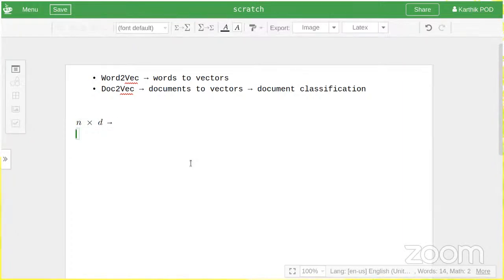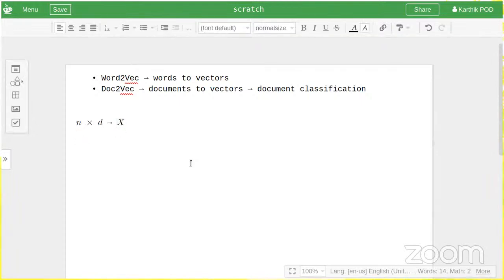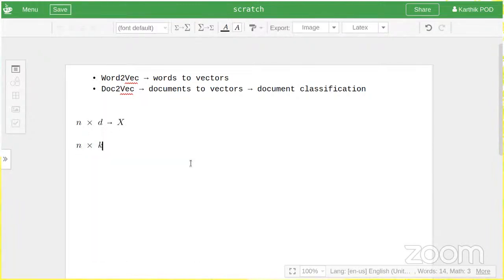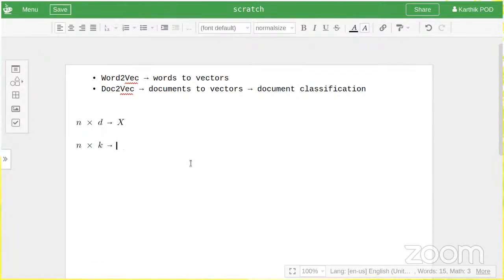One way of doing it is to convert this into an n cross k data matrix, which retains only the projections of these n data points on the k principal components. That is one way of looking at PCA.